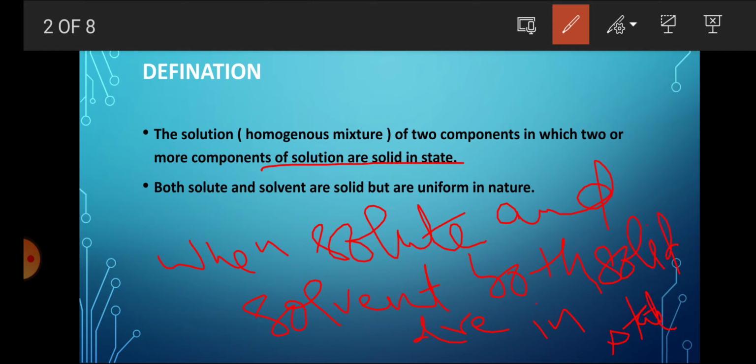At that time this mixture will be a homogeneous mixture, as we know that a solution is a homogeneous mixture in which both the solute and solvent particles are uniform in nature, and both are in the solid state.